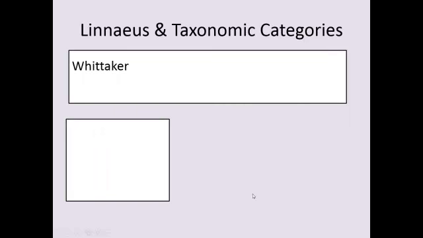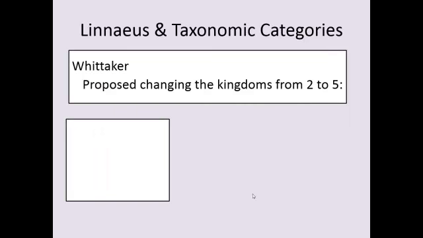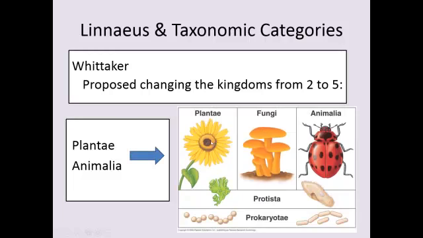Later on, a researcher by the name of Whittaker suggested that we change the kingdoms from 2 to 5. So we started out with just Plantae and Animalia, and we went to Plantae, Fungi, Animalia, Protista, and Prokaryote. So it kind of makes sense.